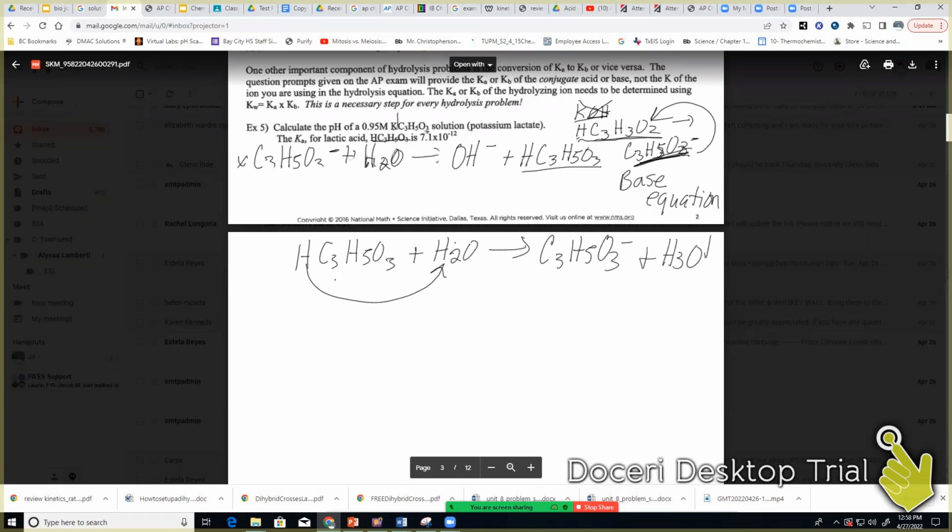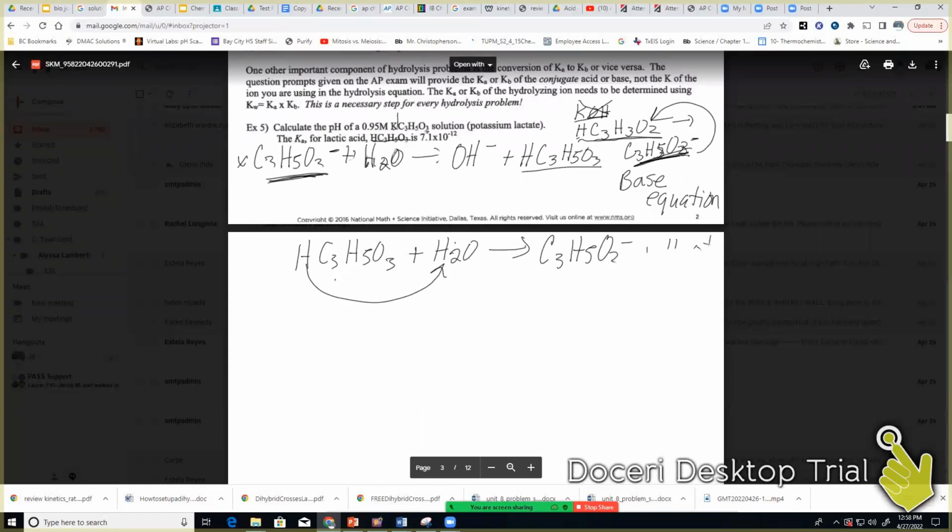That's an acidic reaction. I end up with some hydroniums, but that doesn't help us here. We're always interested in the conjugate. So when I flip it, it becomes a base reaction because now this doesn't donate a hydrogen, it accepts the hydrogen.